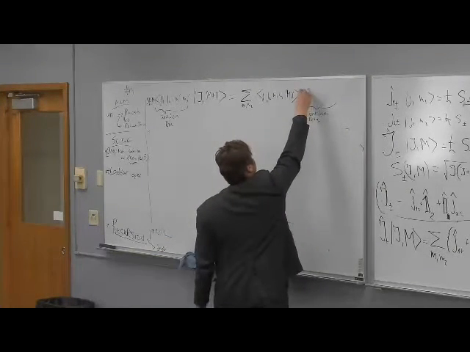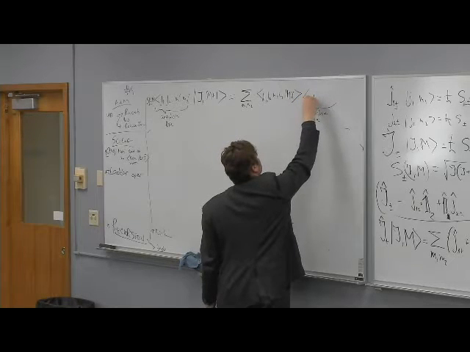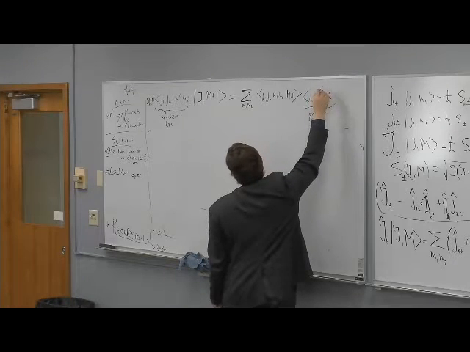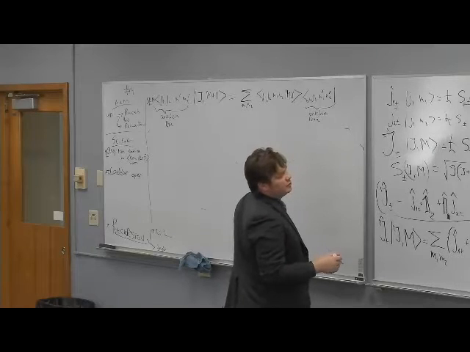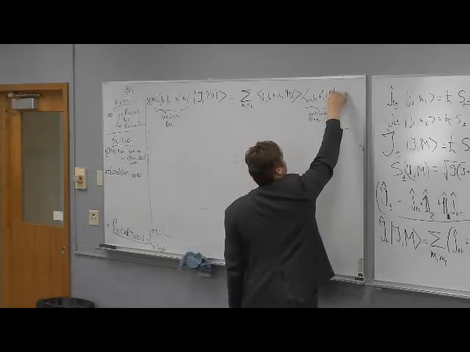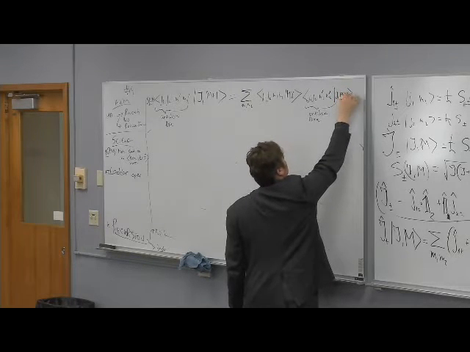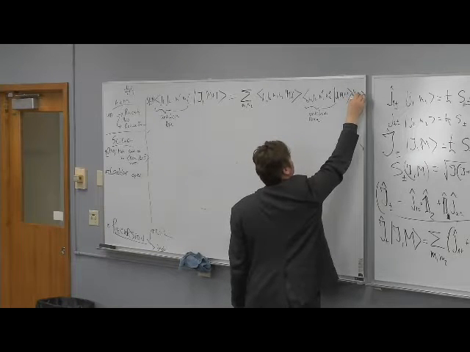So here will be J1, J2, M1, M2 with primes. And here we have J1, M1 plus 1, J2, M2, right?